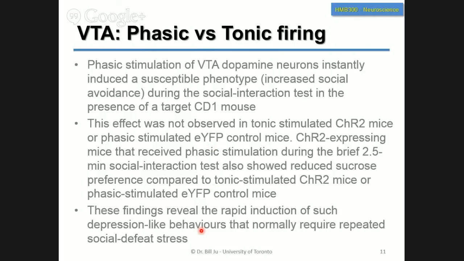Okay, so we can induce these depression-like behaviors really rapidly. All perfectly clear, right? A simple change in firing in the VTA, in those dopaminergic neurons, is enough to give you the same depression model as if you took mice through 10 days of social defeat stress. Clear, right? Hopefully. Any questions at all before I move on?